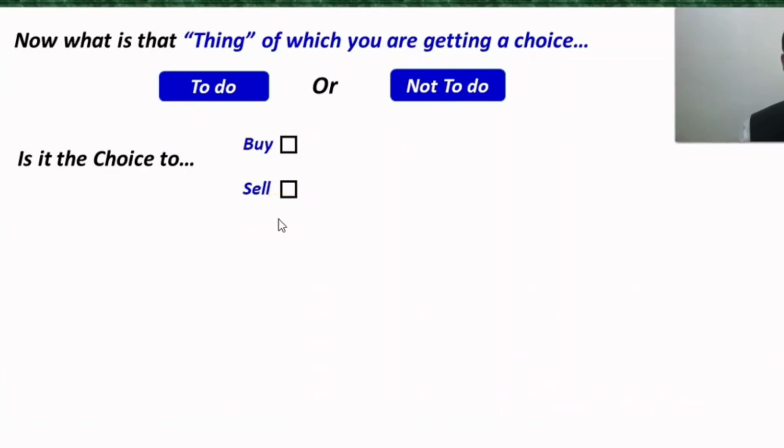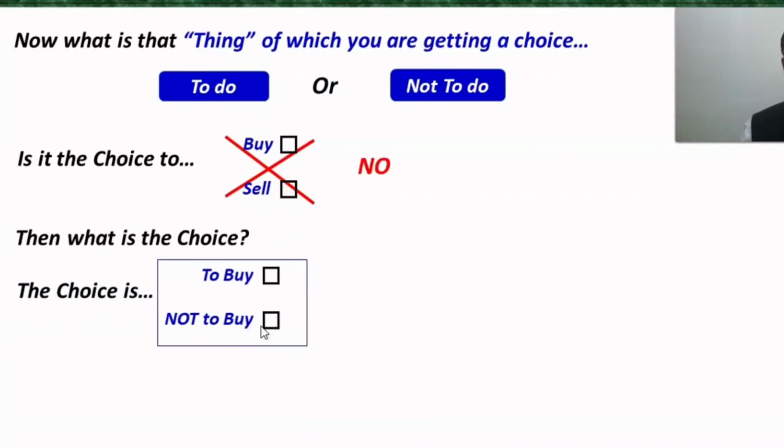Is that the choice? Unfortunately, most of the people think and believe that the choice is between buying something or selling something, buying a share or selling a share. Unfortunately, no, it is not. The choice is not between buying and selling. Then what is the choice?